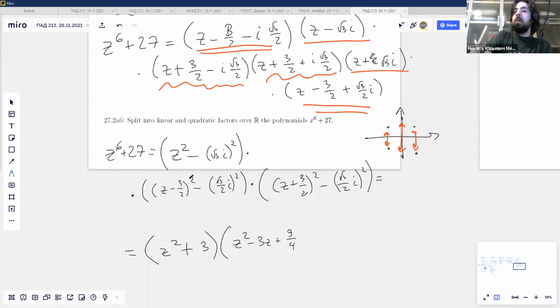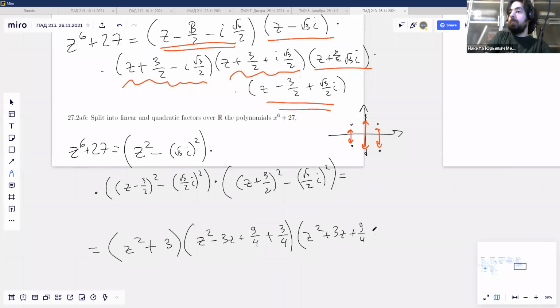This is this square. And plus, this minus gets cancelled with i squared, so plus 3/4. The final one is the same, but with plus. So altogether, the result is as follows.